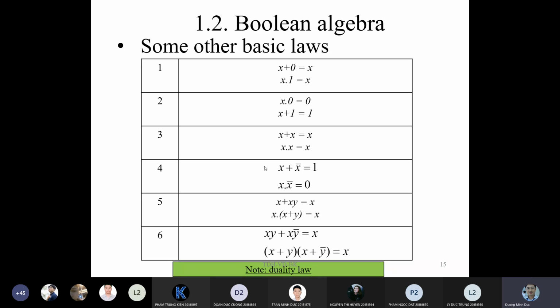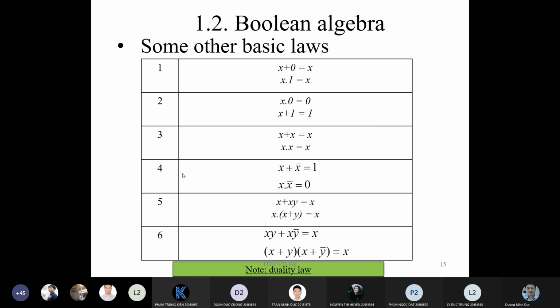So remember x plus x is equal to x, not equal to 2x, because we don't have the definition of 2 in Boolean algebra, and x multiply x equals x, not x square, because we don't have the definition of square in Boolean algebra.